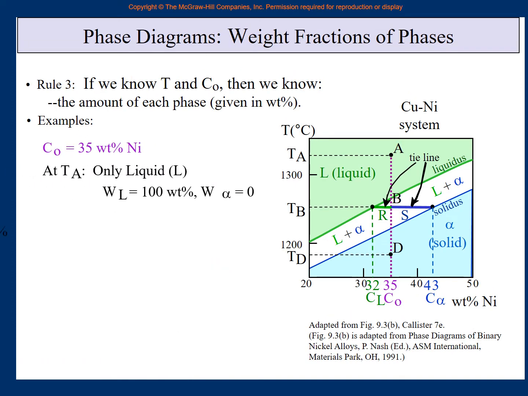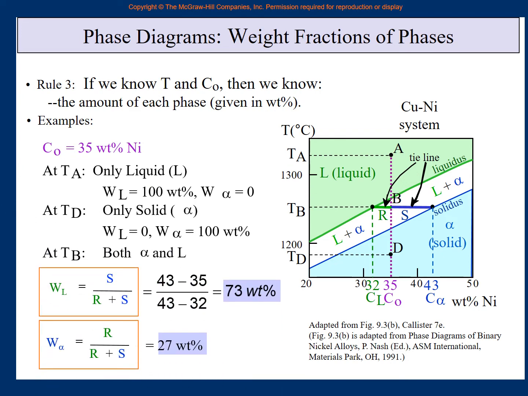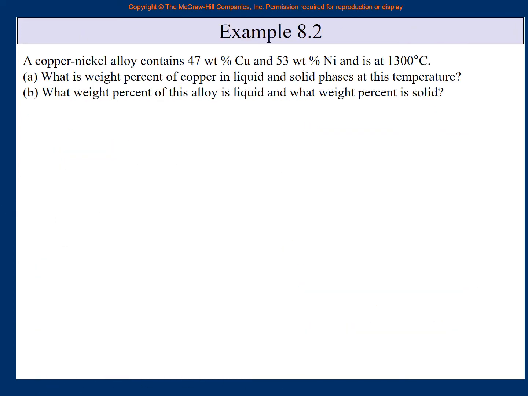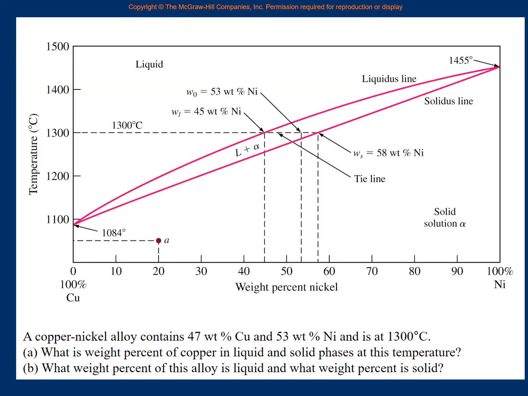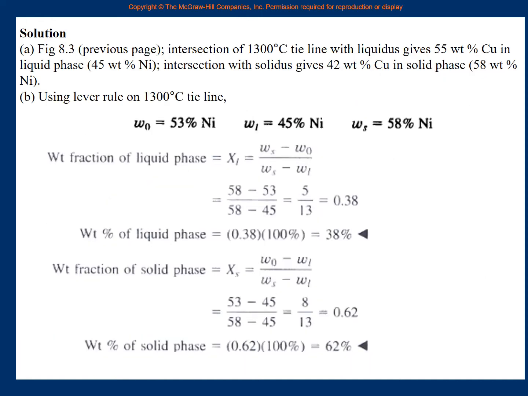Further example, actual calculation of the lever rule, and so on. Then we did an example on the copper-nickel alloy system, which we had already used. So this was the example, and you draw a vertical line, you draw a horizontal line, you draw a tie line, you find the composition of the liquid, you find the composition of the solid. So we are doing all of that.